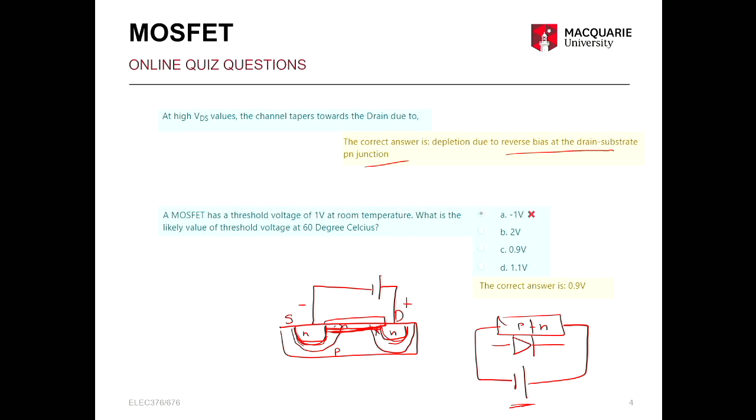Okay, and the next one: what happens to the threshold voltage when the temperature goes up? It's in the slides and the video. The threshold voltage goes down as the temperature goes up. So the only option here is C. It doesn't go negative, and it doesn't increase.